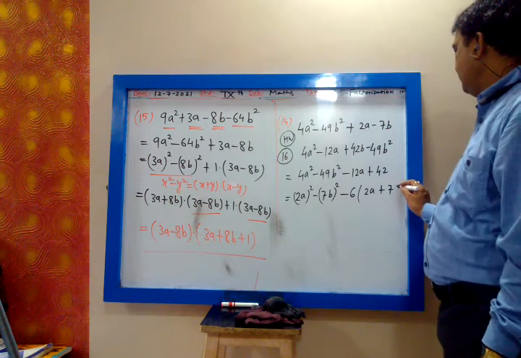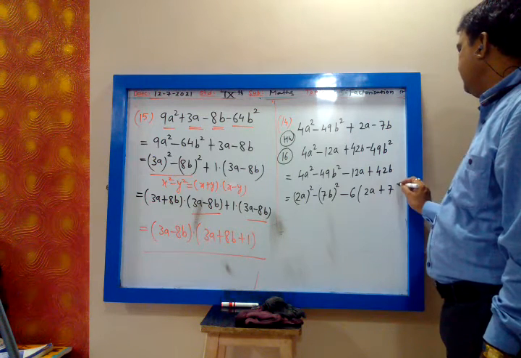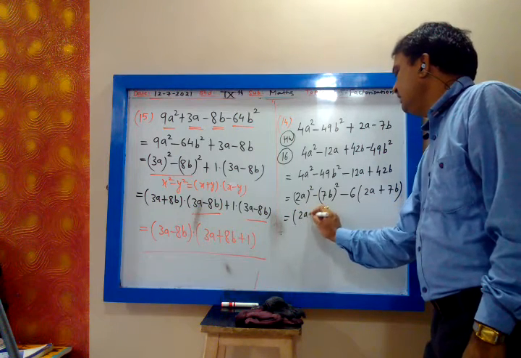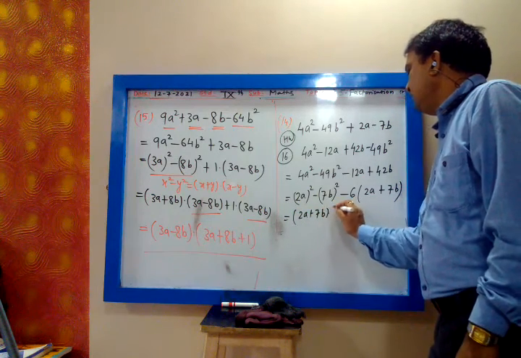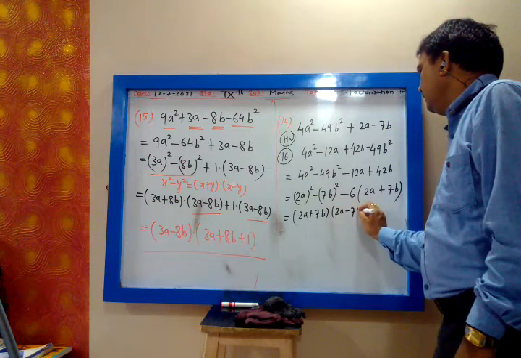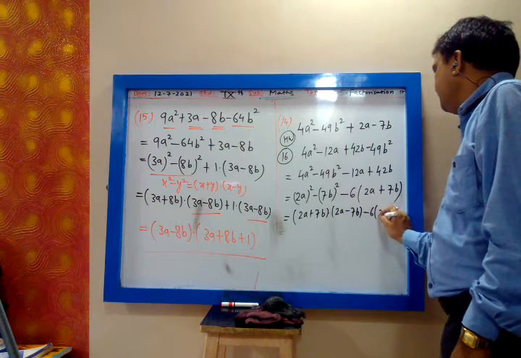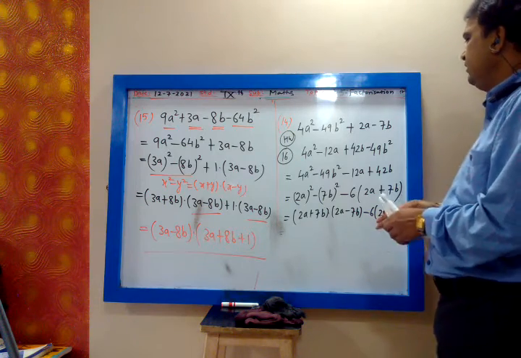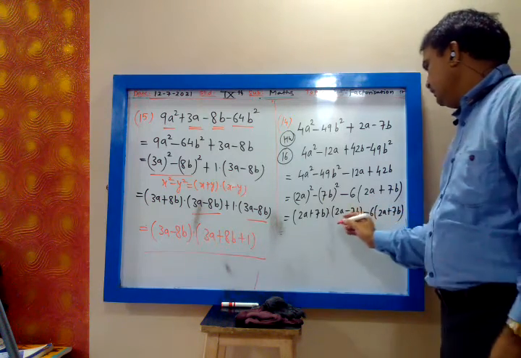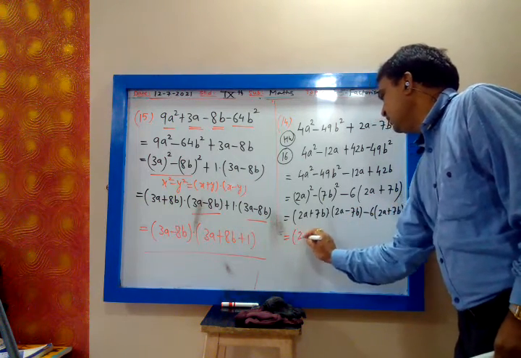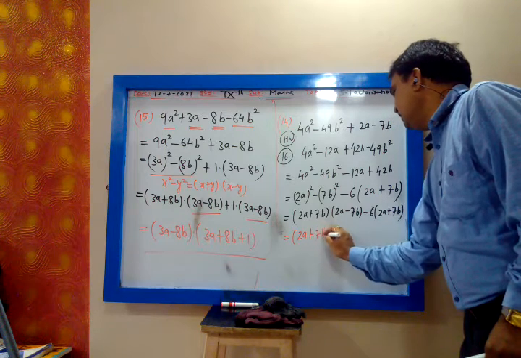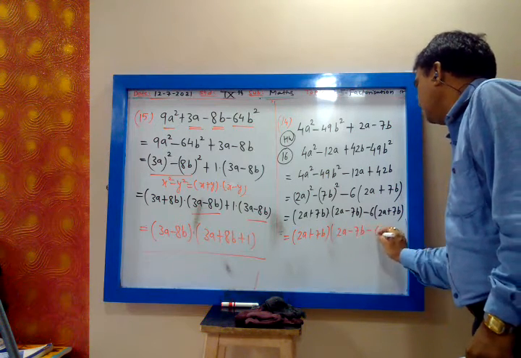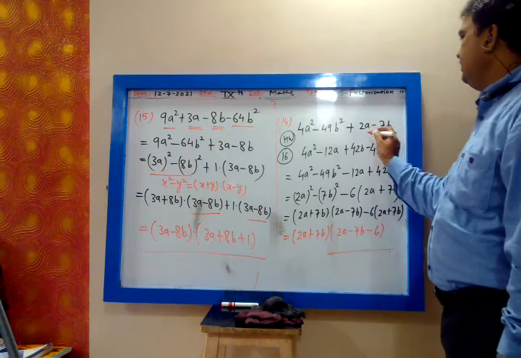Then you can write 2a plus 7b into 2a minus 7b, minus 6 into 2a plus 7b. So make this correction in that question. 2a plus 7b is common. Then it is 2a minus 7b minus 6. This is the answer.